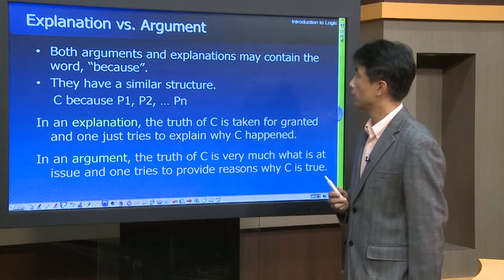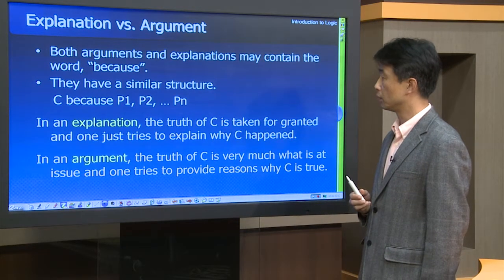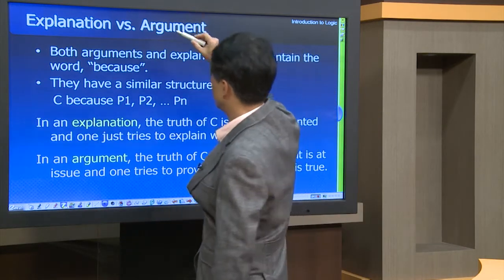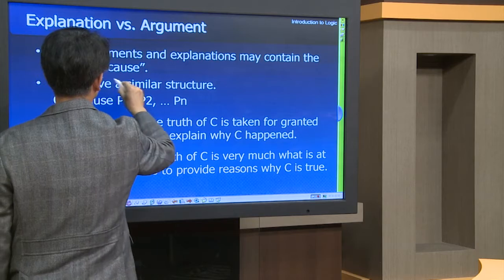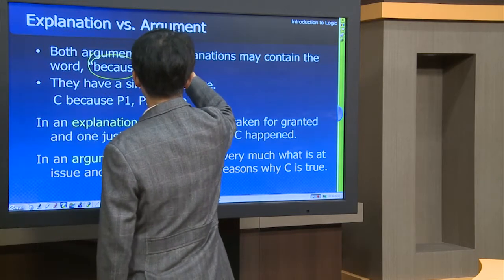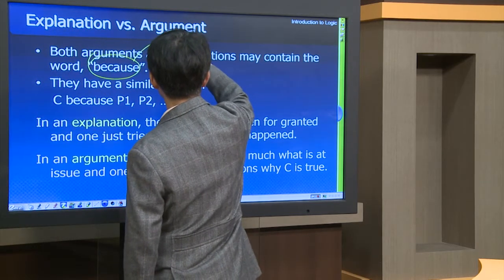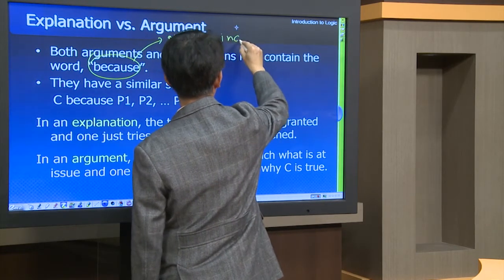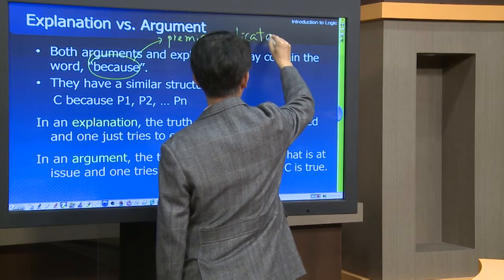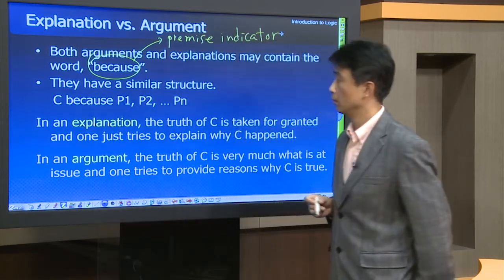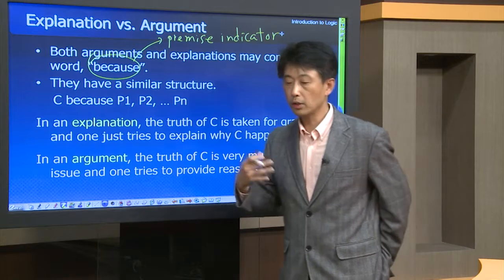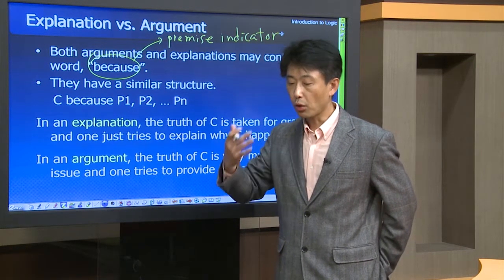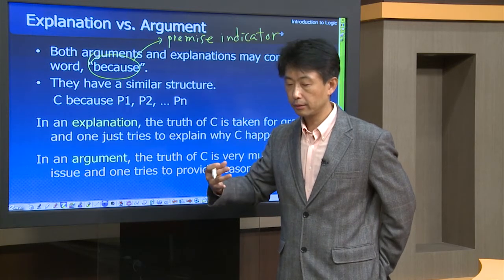Both arguments and explanations may contain the word because, okay? Because is considered a premise indicator. You state an opinion and someone asks why that is the case, and you say because this and that.